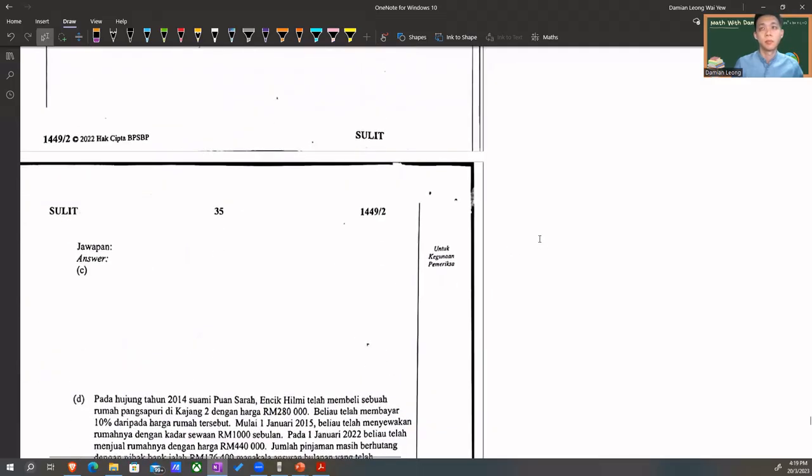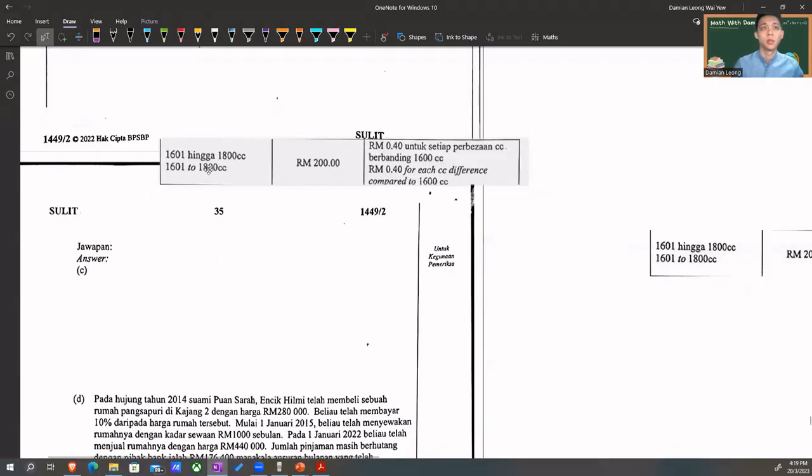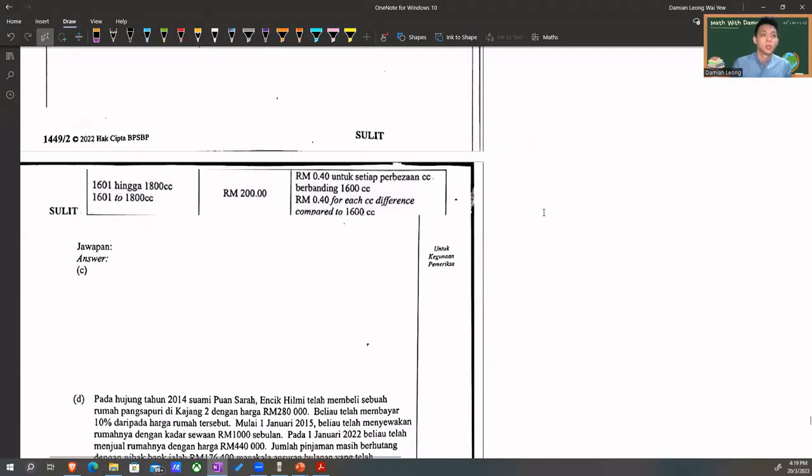Here, easier to see. So it's 200 ringgit for the first 1,600 cc, plus 40 cents for each additional cc.